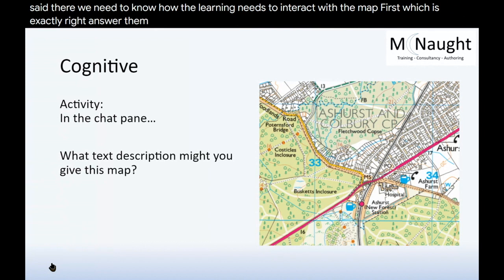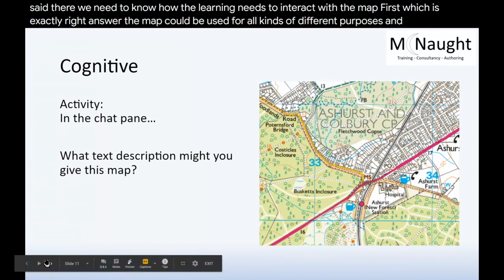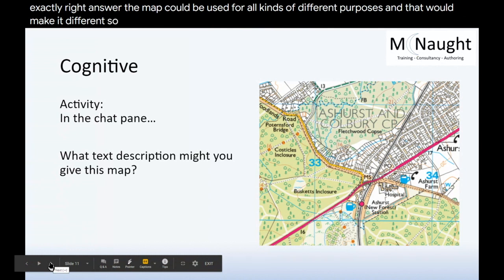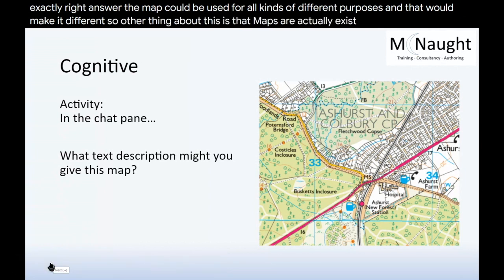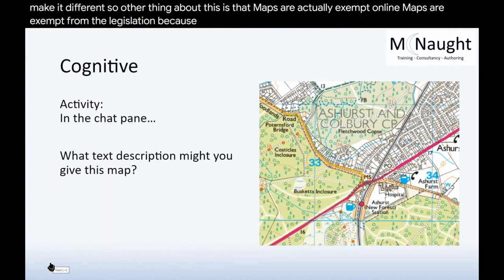And so the map could be used for all kinds of different purposes, and that would make it different. And the thing about this is that maps are actually exempt. Online maps are exempt from the legislation because without the teaching purpose, you have no idea how to describe that.